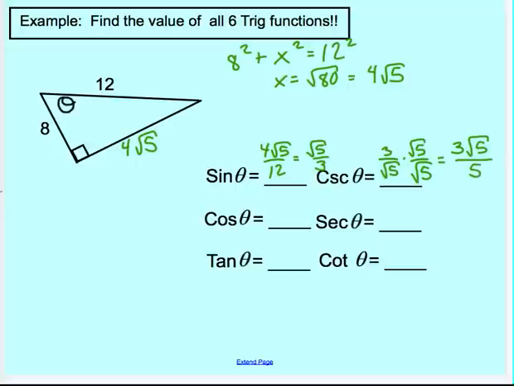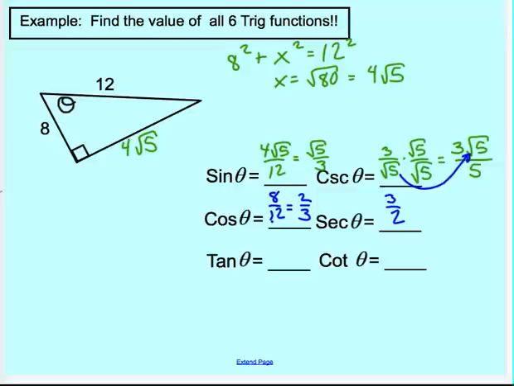The shortcut, if you're looking for one, without multiplying by that square root of 5 over square root of 5 every time, is that the radical moves to the numerator, and then you just drop the radical in the denominator and you're left with the whole number part. So for cosine of theta, we get adjacent over hypotenuse, which simplifies to 2/3, and the secant is the reciprocal of that.